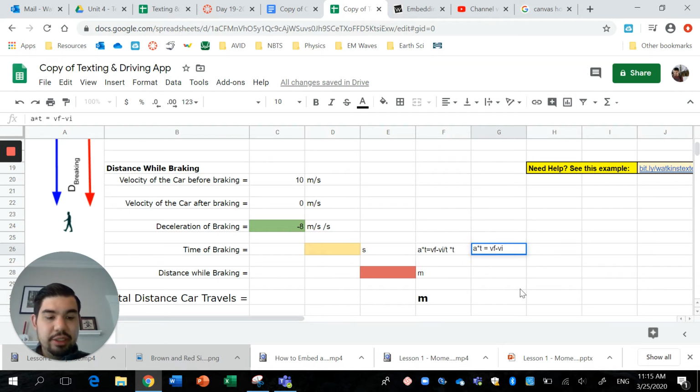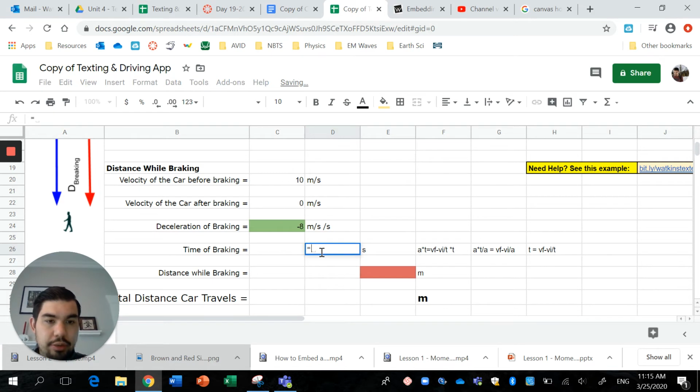Again, to get time by itself, we then want to get rid of the acceleration. So divide that side by acceleration, divide this side by acceleration, to leave us with time equals final velocity minus initial velocity, all divided by acceleration. And that is the formula that we want to teach our computer.